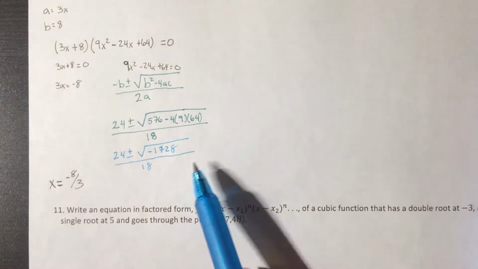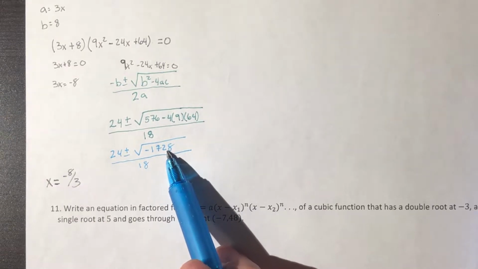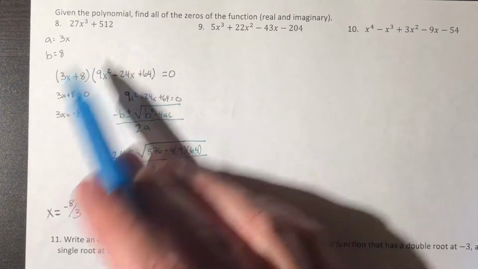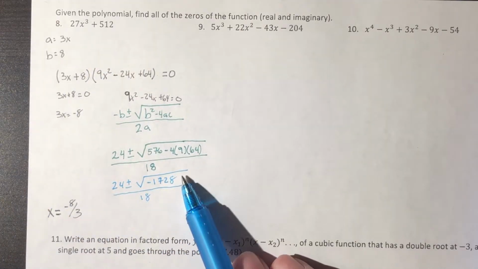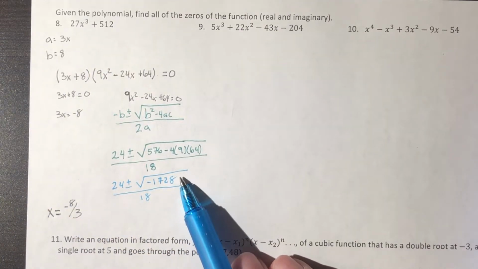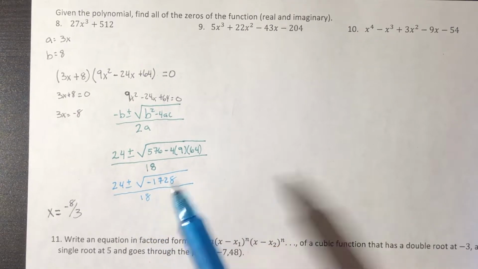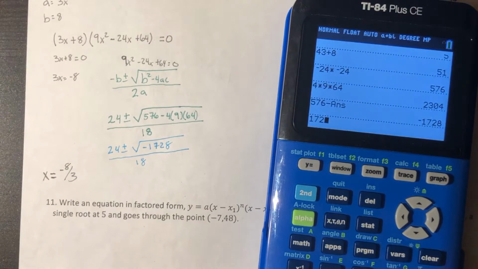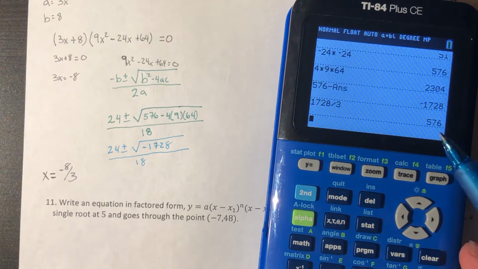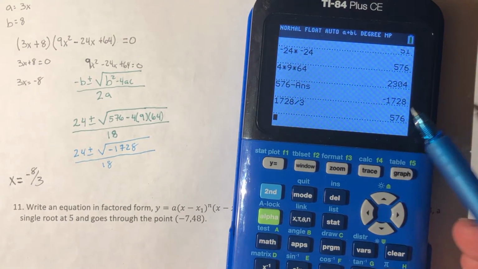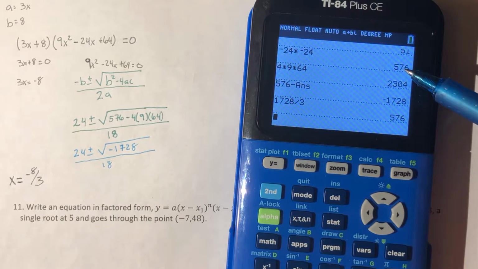When I am trying to simplify this, when you are doing your sum or difference of cubes, you will always be left with a remainder under your root. So you'll have a radical of 3. So you can do 1,728 divided by 3. That's going to be 576, which we just set up here.